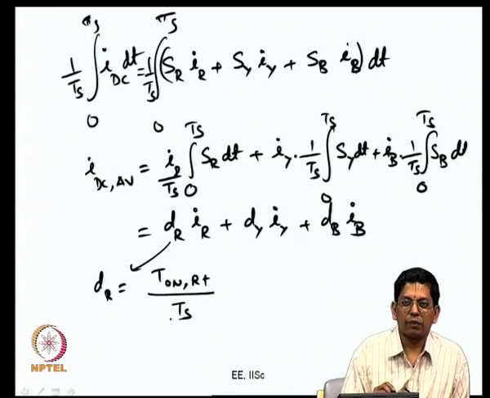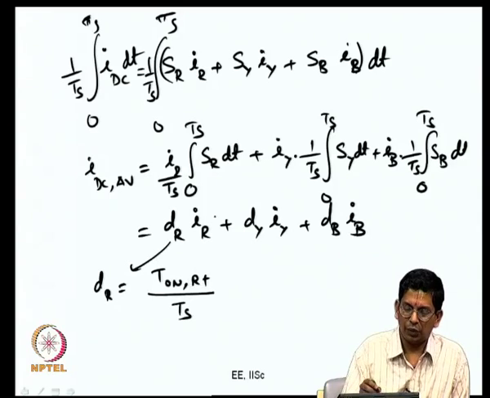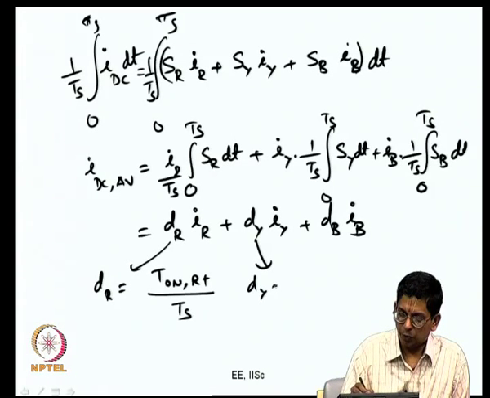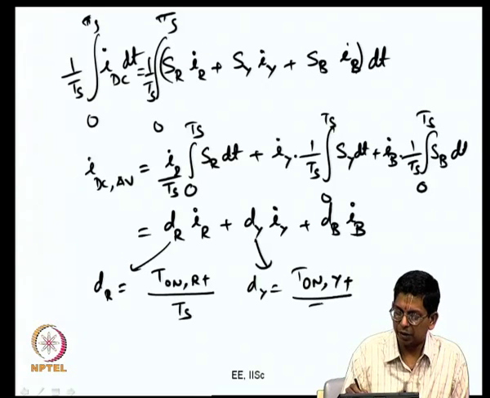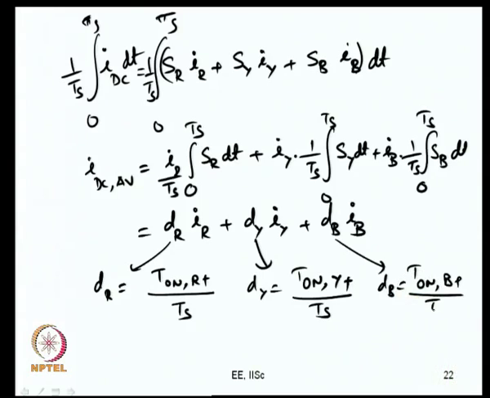Similarly, dY is the on time for the Y phase top device divided by the total subcycle time, and dB is defined similarly as T on of B plus divided by Ts. And this approach is useful and is very valid.